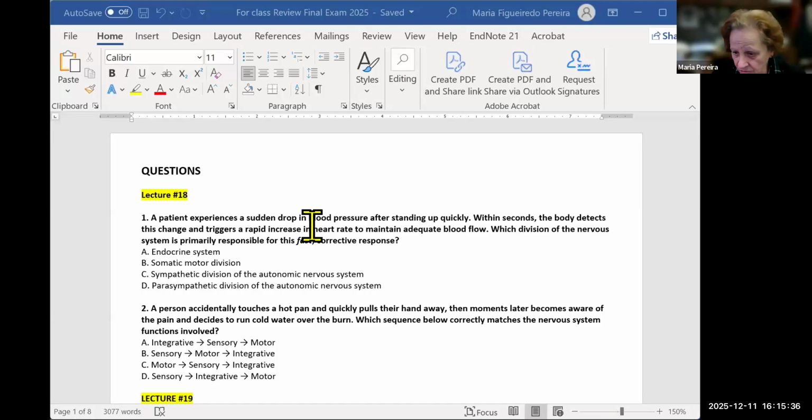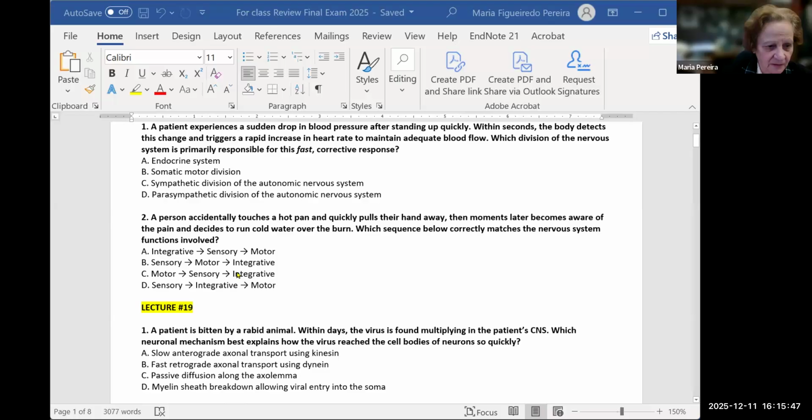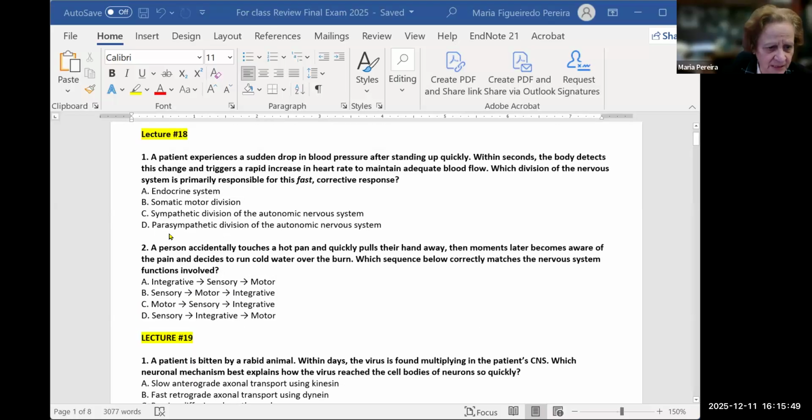It's an emergency situation. Sympathetic is the correct answer. Okay. So someone said parasympathetic. Remember, parasympathetic is active under leisure, under calm conditions, for maintaining homeostasis.